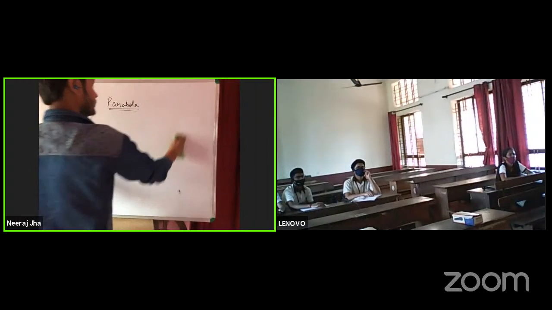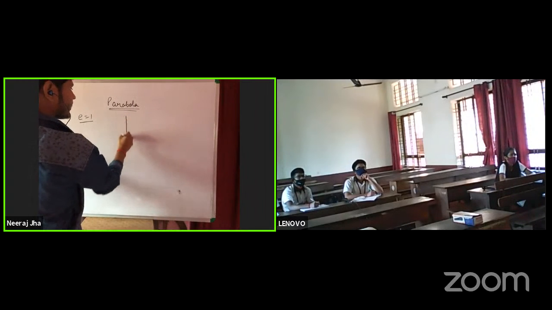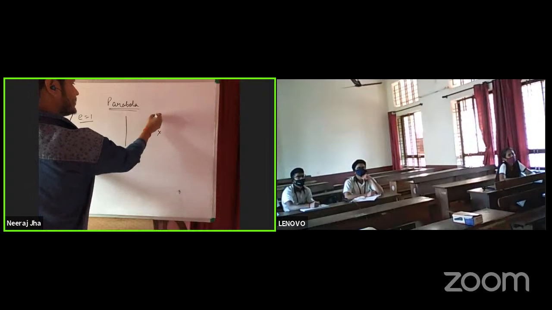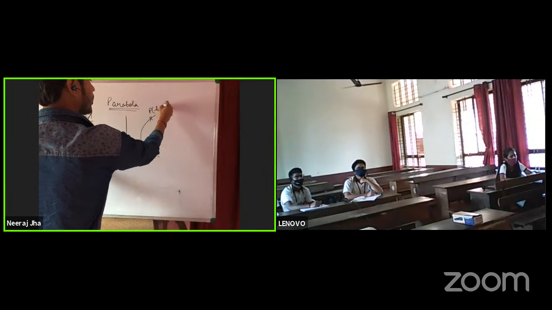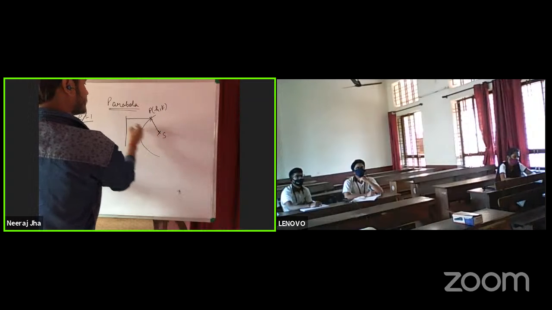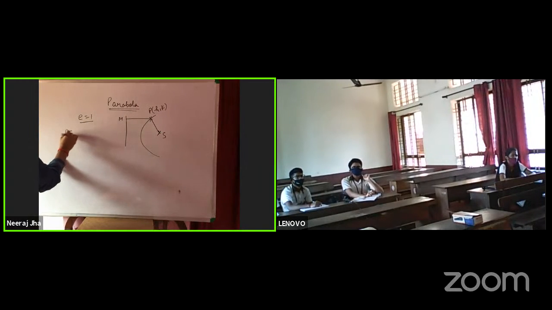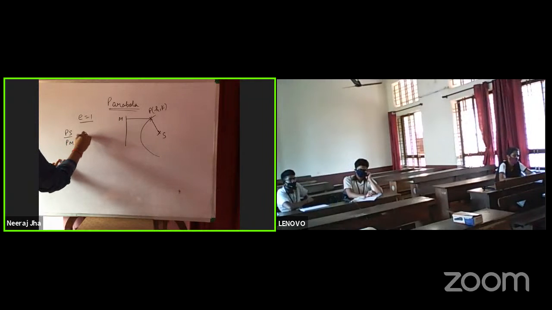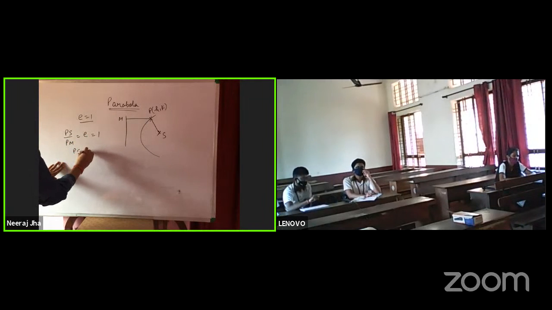Now, what is a parabola? Parabola is when eccentricity is equal to 1. When eccentricity is 1, this will be a parabola, but the focus should not lie on the directrix. So if you have a directrix like this, and the focus like this, you will be getting a conic with a point P(h, k), this will be S, this will be M. Then PS upon PM is equal to eccentricity, which is 1, which means PS is equal to PM.